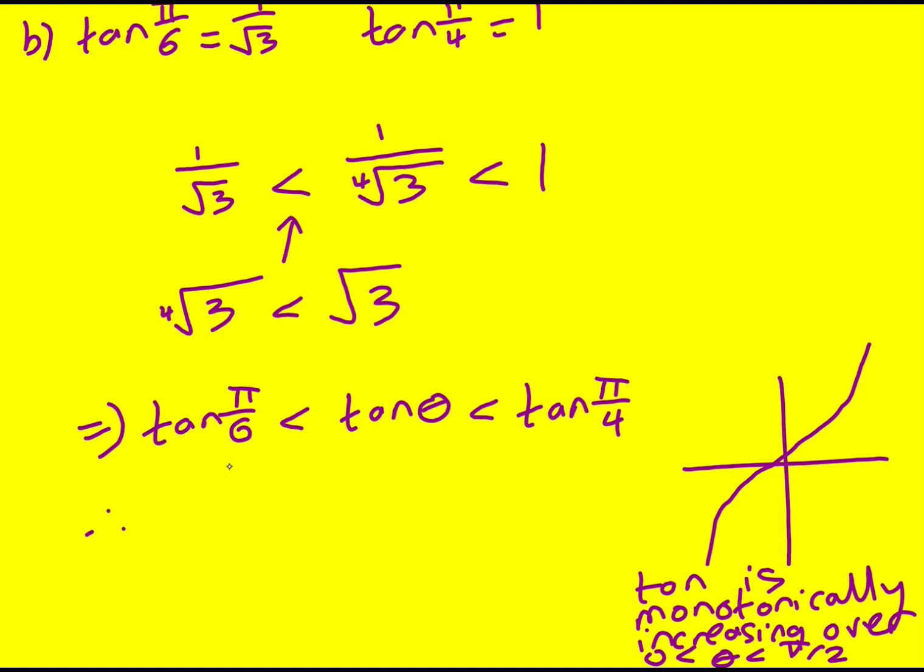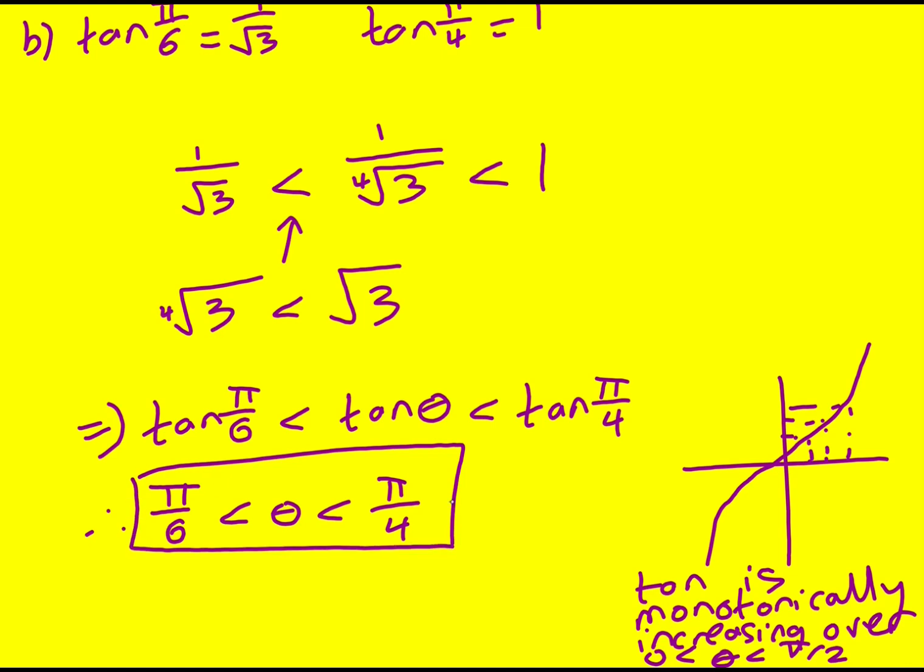And therefore, pi over 6 is less than theta, which is less than pi over 4. We can just get rid of those tans because if it's smaller like this and it's monotonically increasing, it means the x values will also still follow that inequality. All right, an enjoyable trig question. Well done.